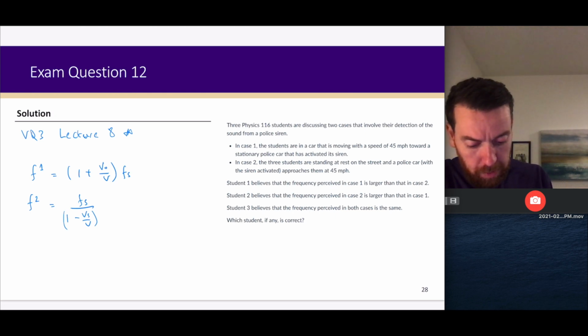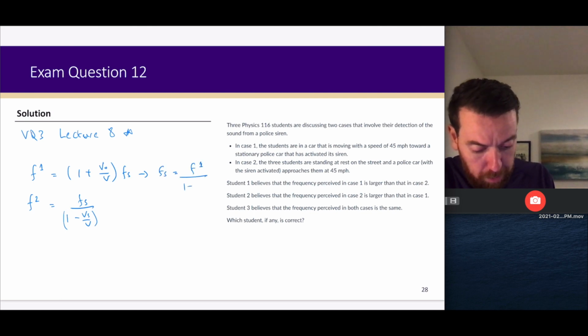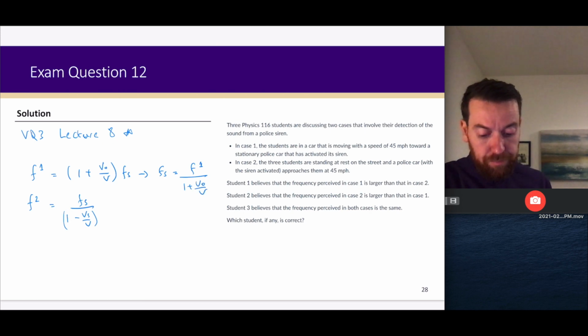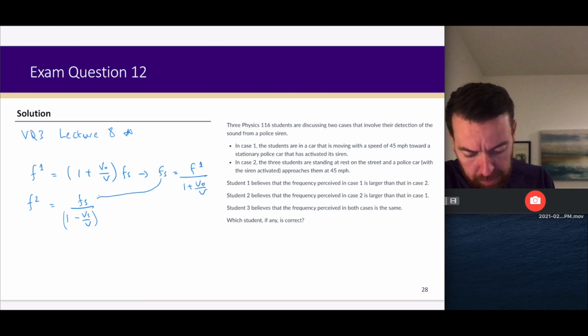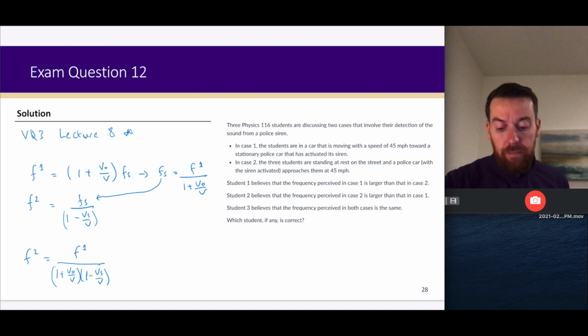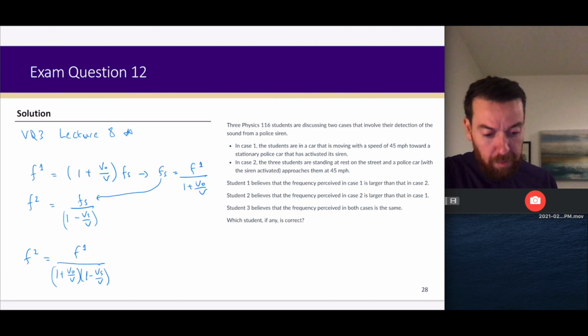I'm going to take this expression, F source equal to F1 divided by 1 plus V observer over V, and plug that into this equation here. So F2 is going to be equal to F1 divided by 1 plus V observer divided by V, times 1 minus Vs divided by V. That's our algebra so far. It looks a little messy at the moment, but we can make some simplifications.